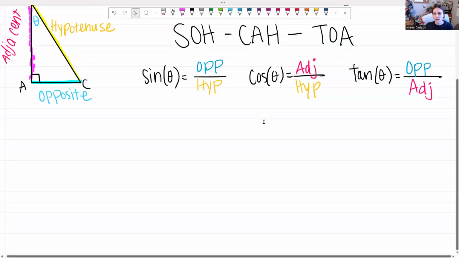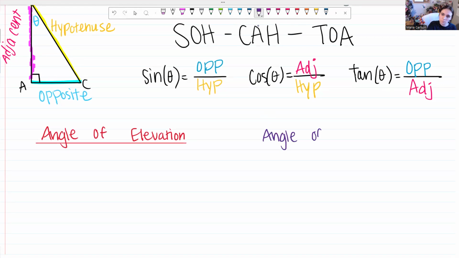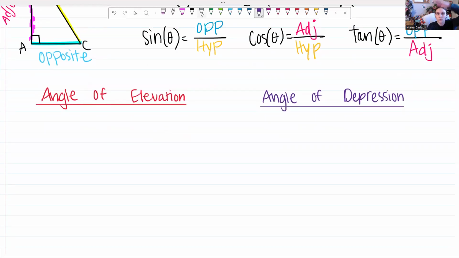When we're working in real world problems, oftentimes the angles that we're working with are called either the angle of elevation or the angle of depression. So the angle of elevation means the angle that something rises up.